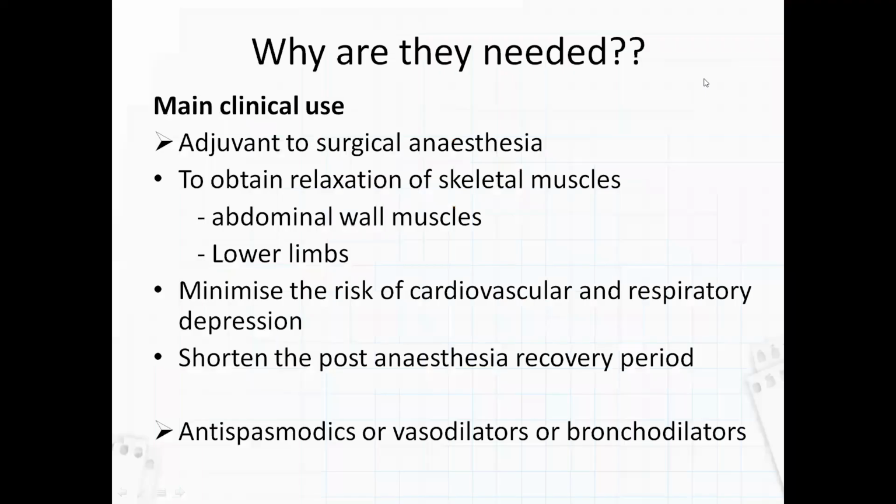So first, why are we studying skeletal muscle relaxants? What is the use? Mainly, they are clinically used as adjuvants to surgical anesthesia to obtain relaxation of skeletal muscles, such as abdominal wall muscles or lower limbs, during surgery, and to minimize the risk of cardiovascular and respiratory depression due to anesthesia and shorten the post-anesthesia recovery period of the patient.